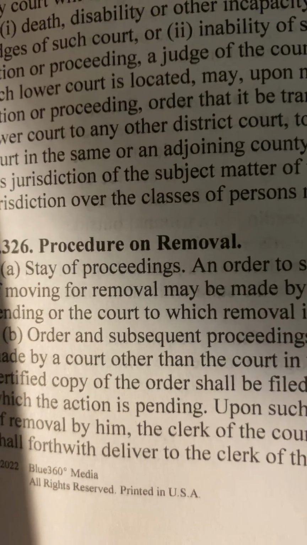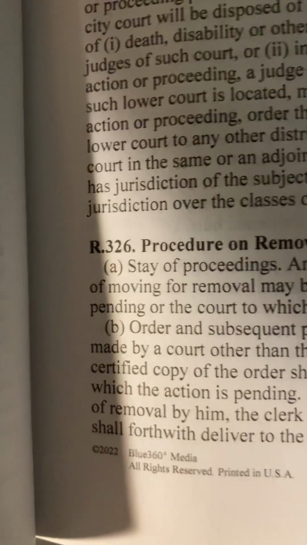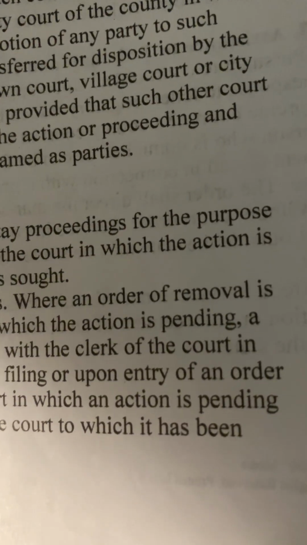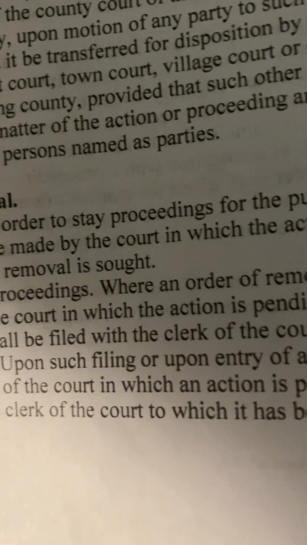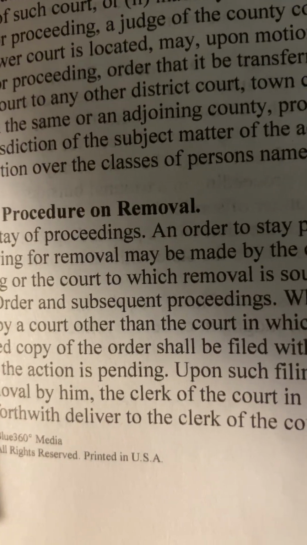B, order and subsequent proceedings. Where an order of removal is made by a court other than the court in which the action is pending, a certified copy of the order shall be filed with the clerk of the court in which the action is pending.